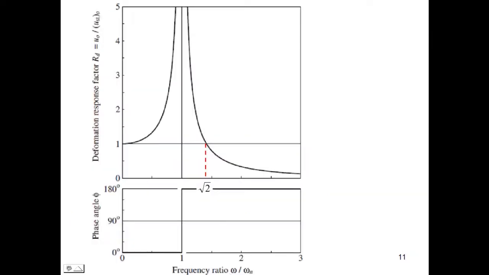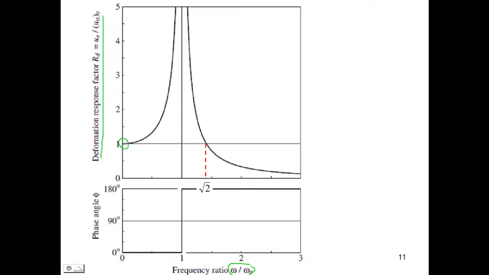This figure shows the displacement response factor Rd versus the frequency ratio omega over omega n. If omega over omega n is small, in other words, the force is slowly varying, Rd is slightly larger than 1, and the amplitude of the dynamic deformation is essentially the same as the static deformation.